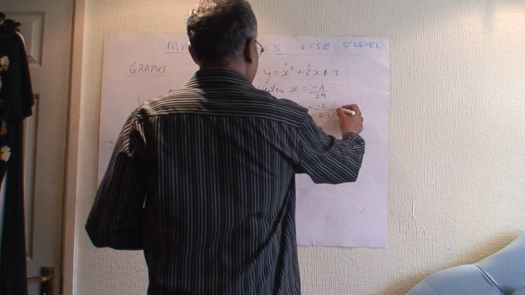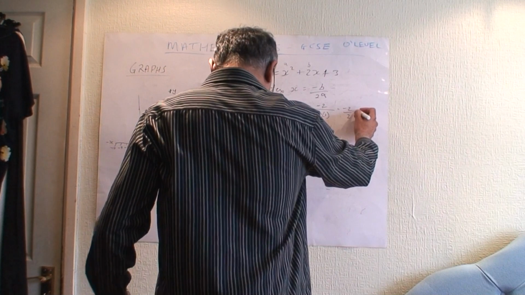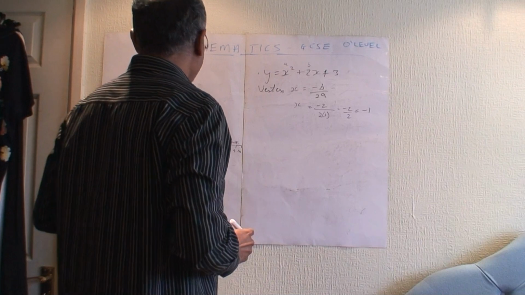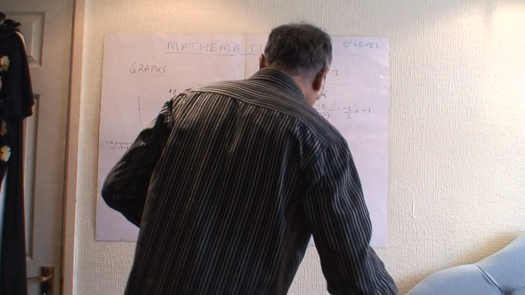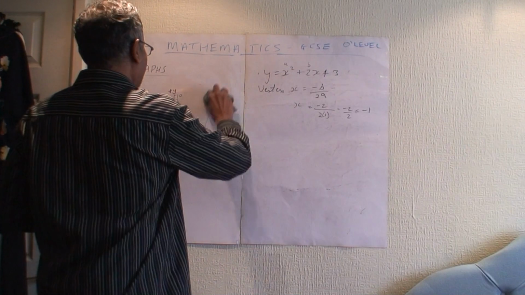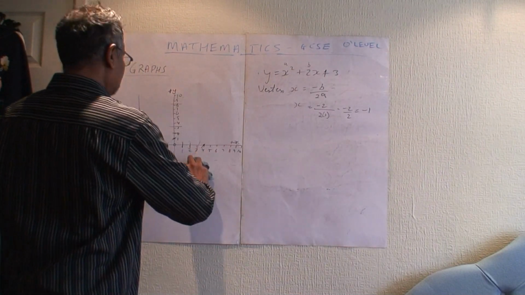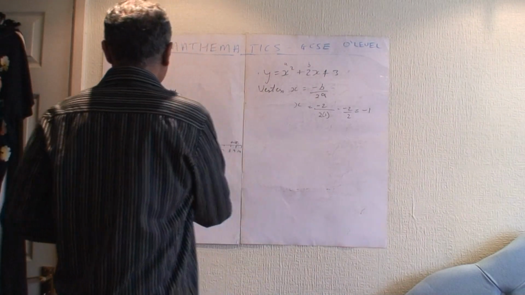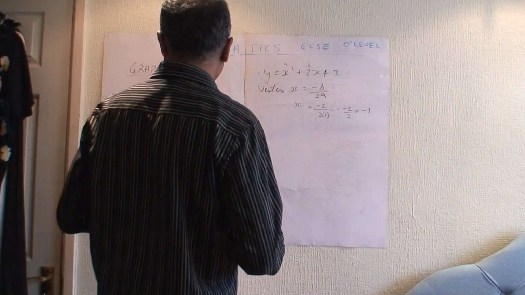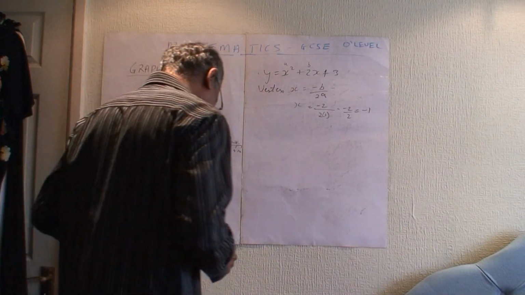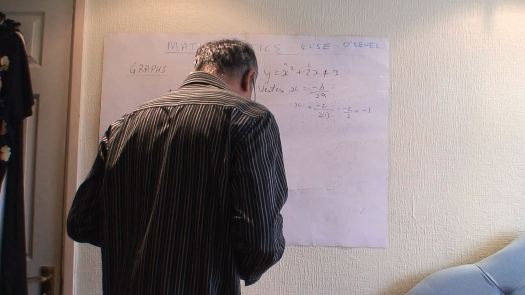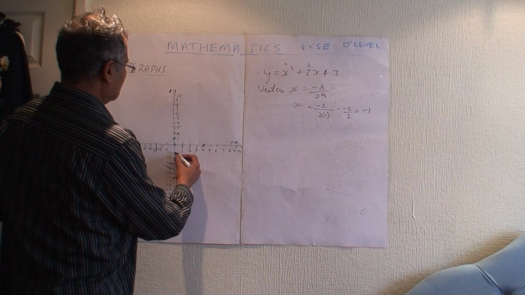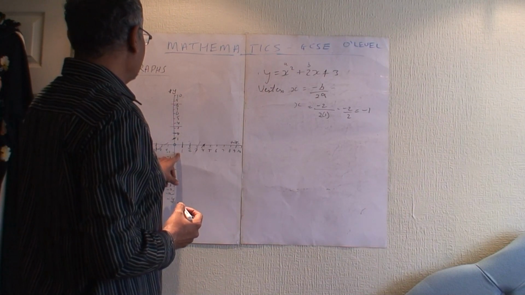Obviously minus 2 divided by 2 is equal to minus 1. So it is telling us that for this curve, the vertex is at minus 1. The minus 1 is somewhere here.